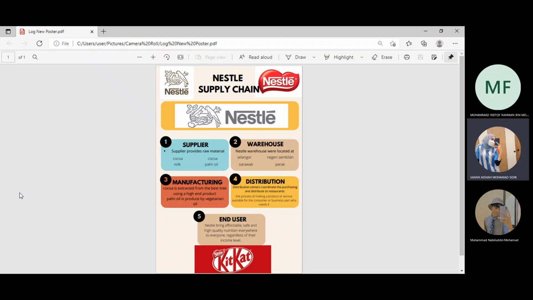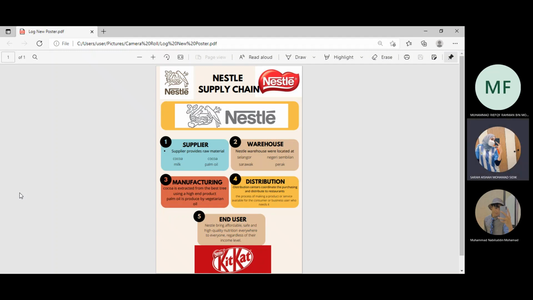As we know, distribution also acts as centers that coordinate the purchasing and distribute to the restaurants. So distribution is one of the main stages in the supply chain, because it is the process of making a product or service available for the consumer or business user who needs it.